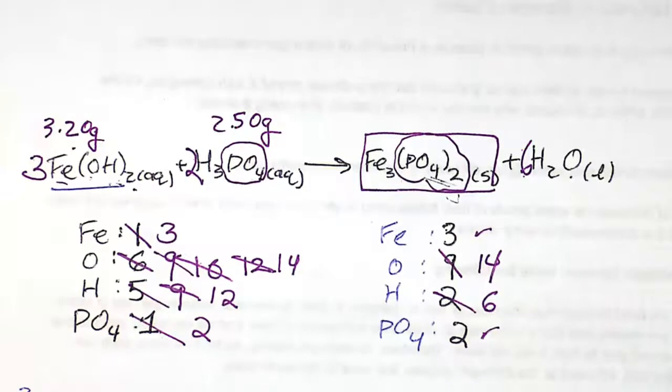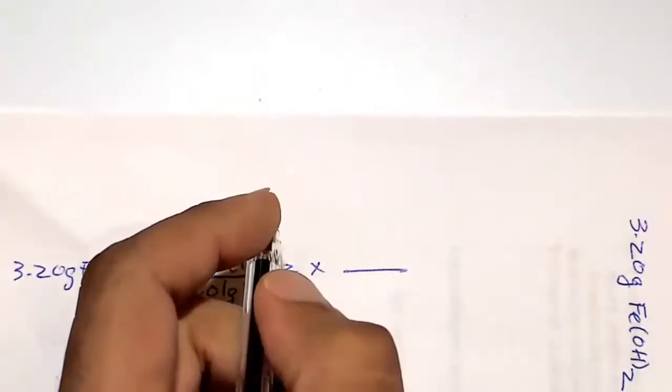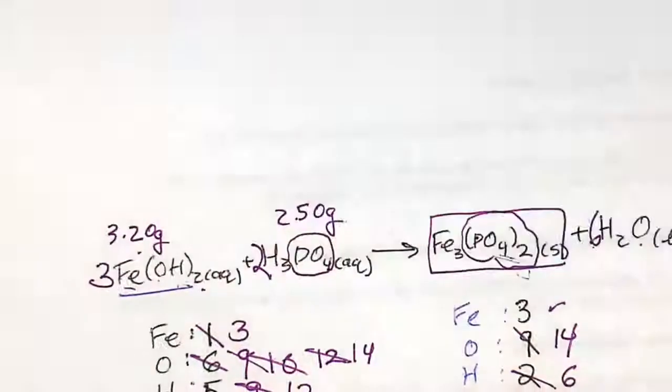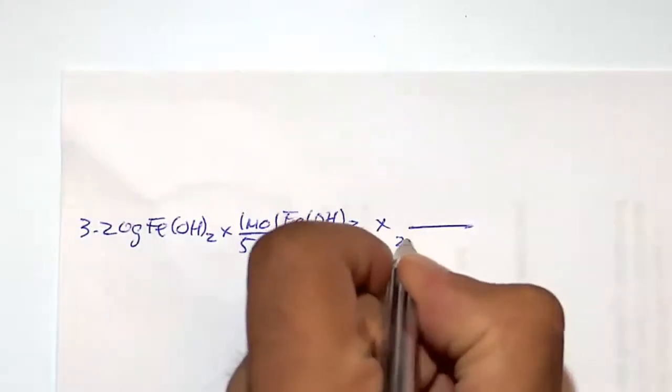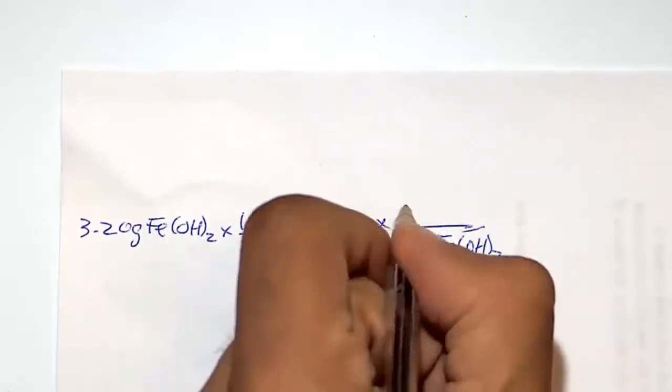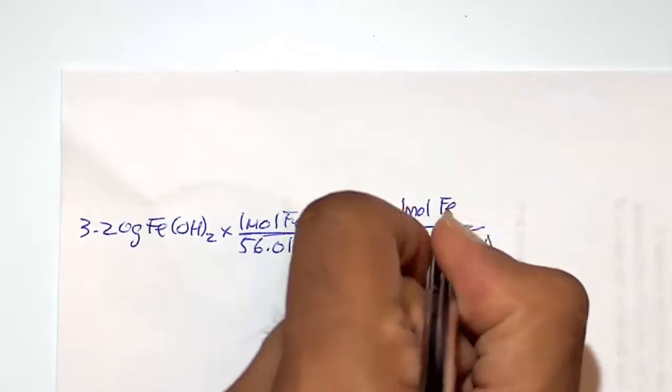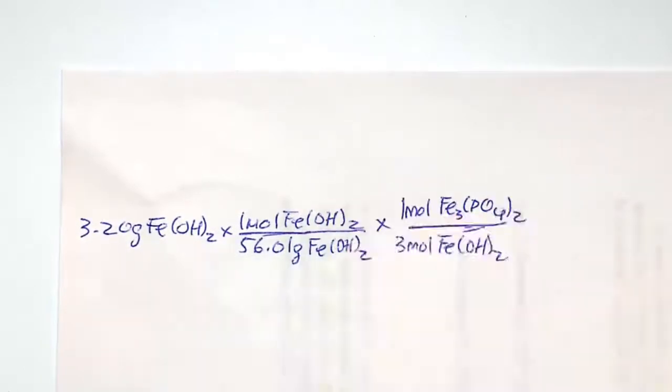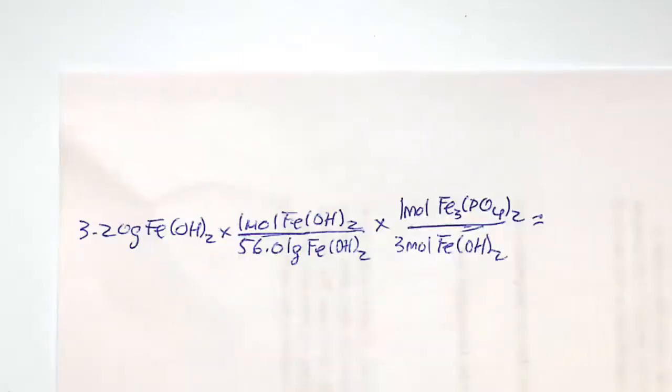So we start off with 3.20 grams, and according to the balanced chemical equation, for every 3 moles of iron hydroxide, 1 mole of iron 2 phosphate product. I'm just going to stop at moles here. I will not convert it to grams. I'll just figure out how many moles are produced from 3.20 grams of iron 2 hydroxide.